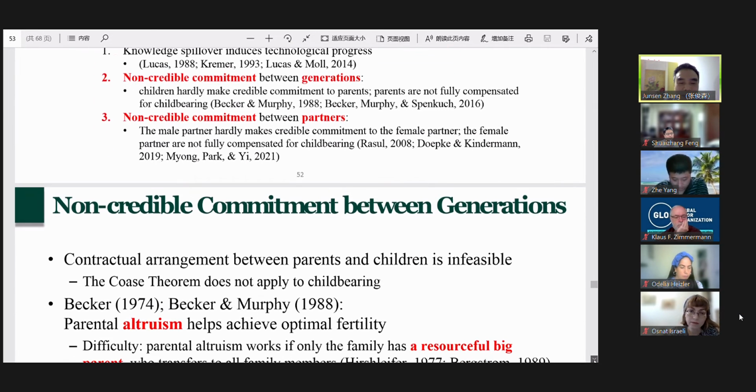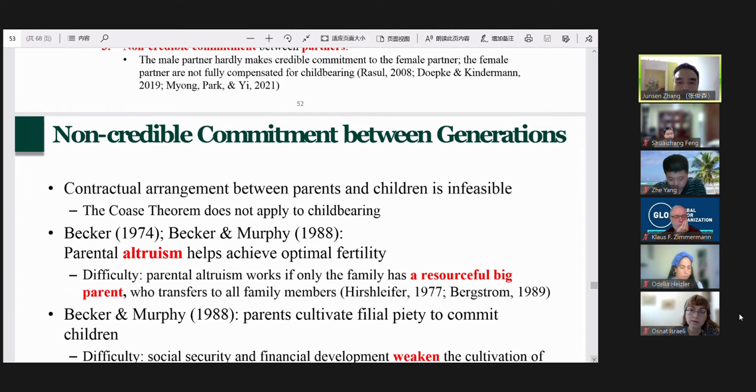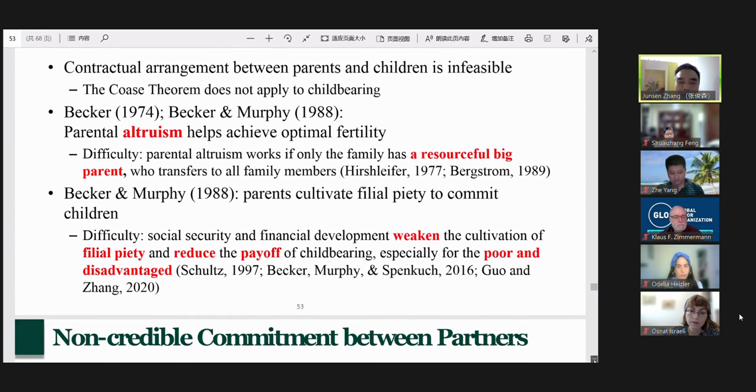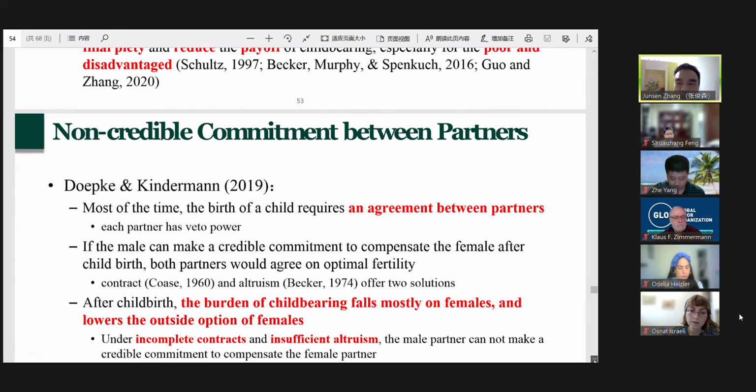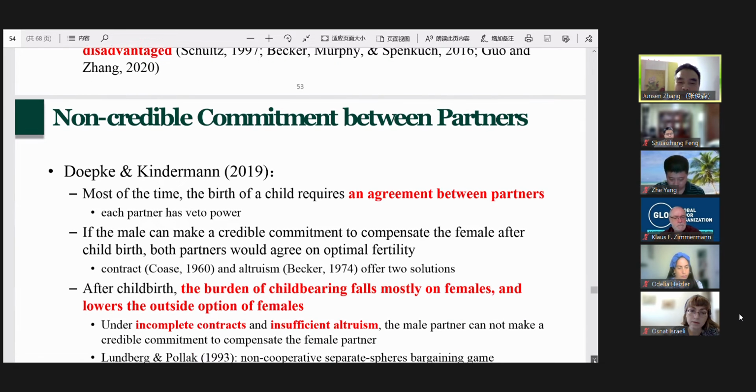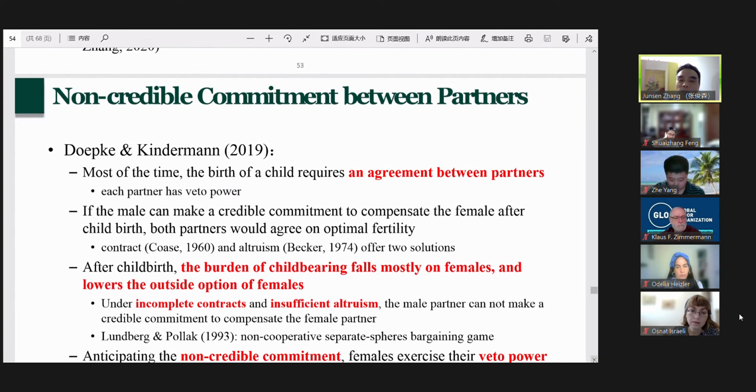So as I said, non-credible commitment between generations: the children cannot sign a credible contract with the parents because they are unborn. And non-credible commitment between partners is also a reason for women not being willing to have more children.